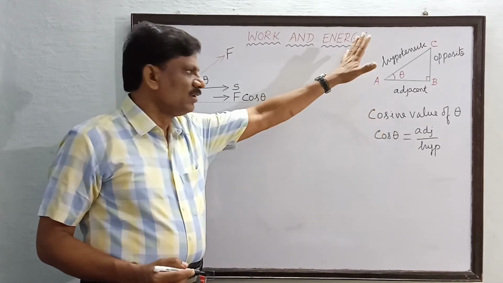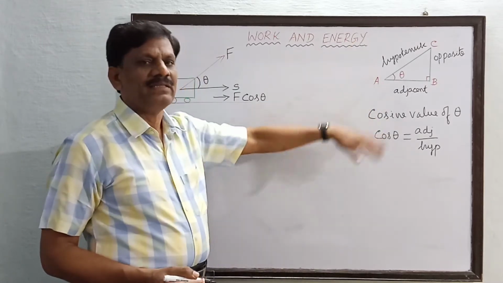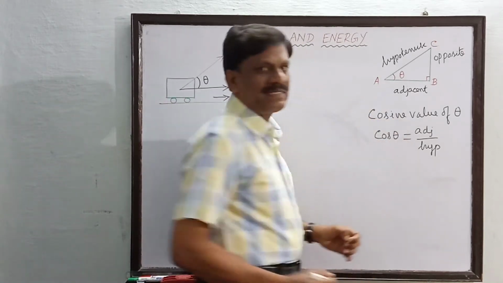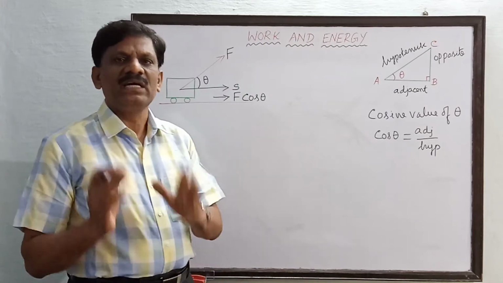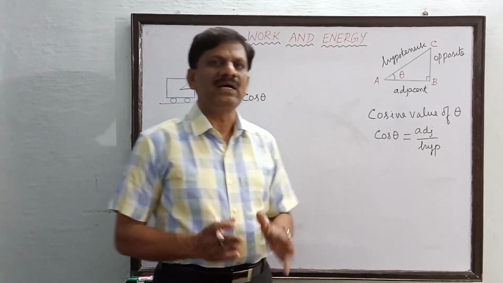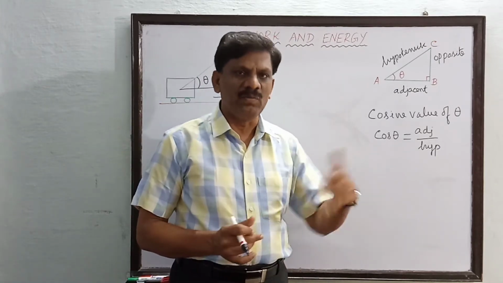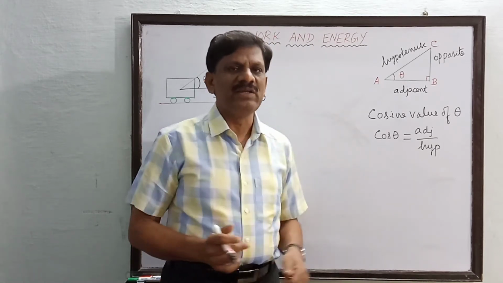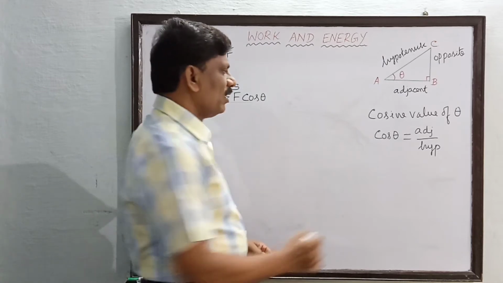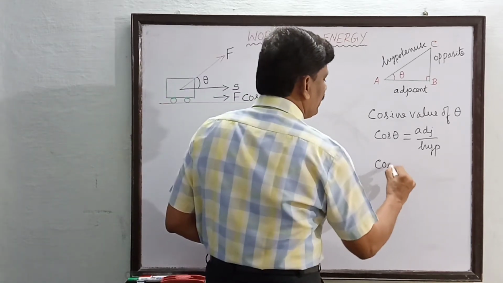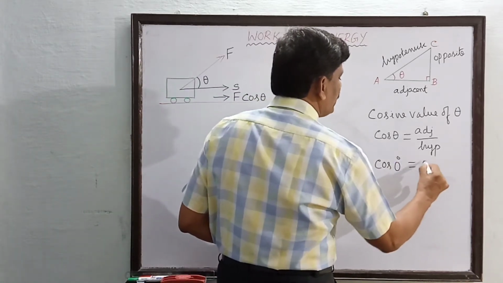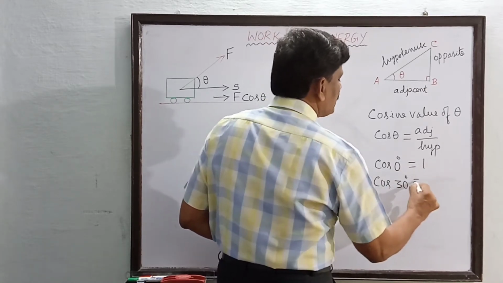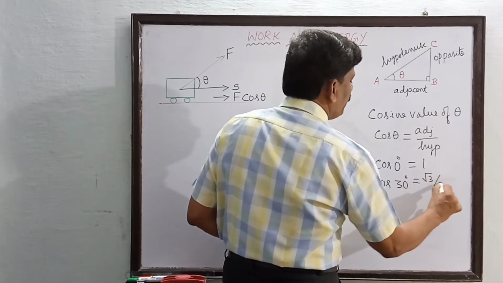We are not going to derive all the equations like sin theta, cos theta and all. But there are some values assigned for theta. If theta is 0, 30 degrees, 45 degrees, 60, 90, 180, what is the cosine value of theta? You must remember. So I am going to write here cos of 0 degree is equal to 1. Cos of 30 degree is equal to root 3 by 2.